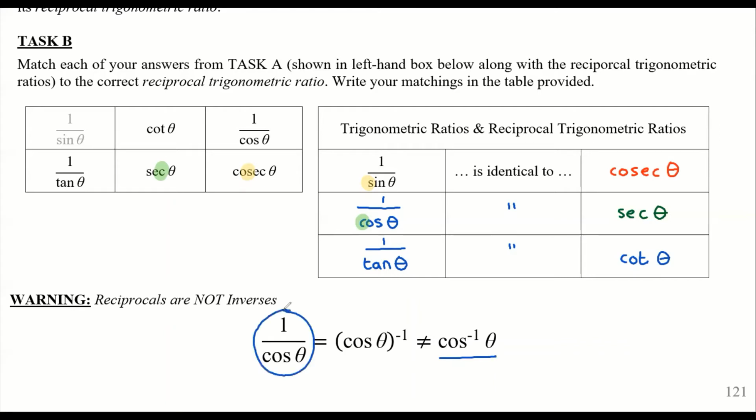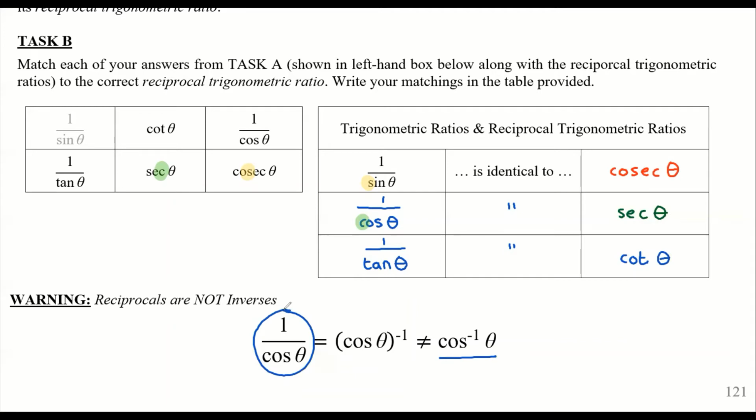And if you don't believe me, just put some values of theta in on your calculator, and you'll see very quickly that they are not the same. I just want to stress that. Right, so that concludes task B.